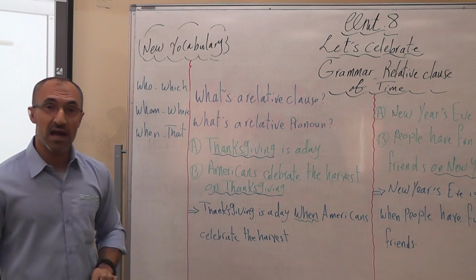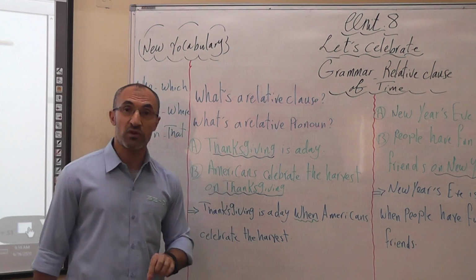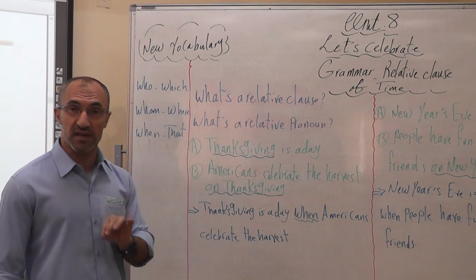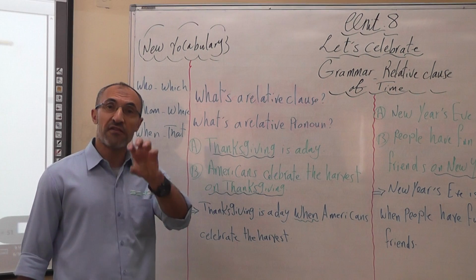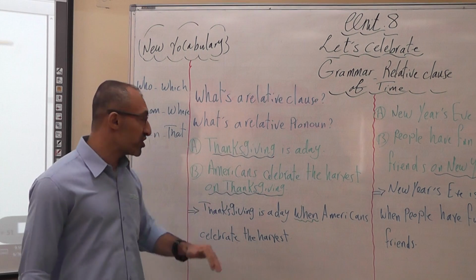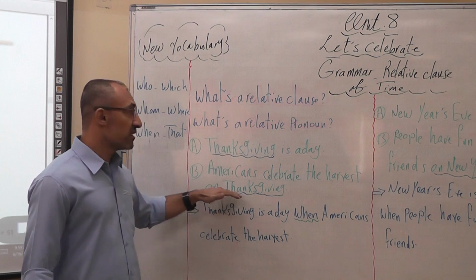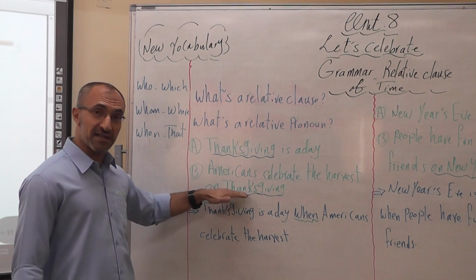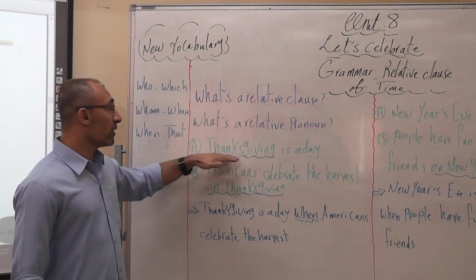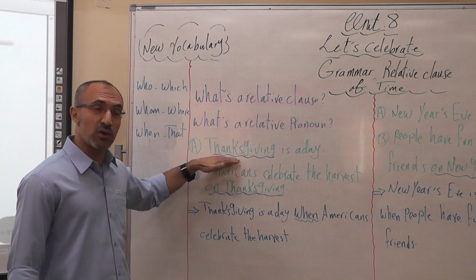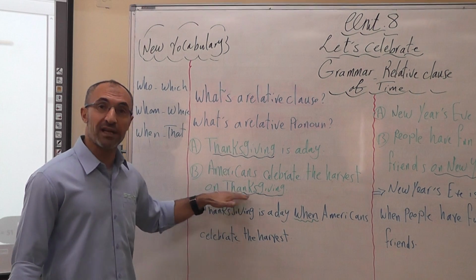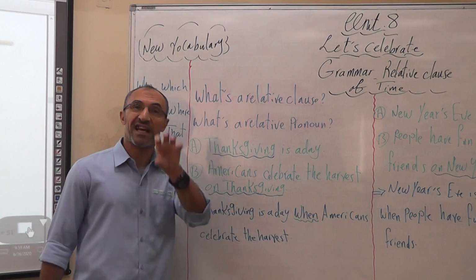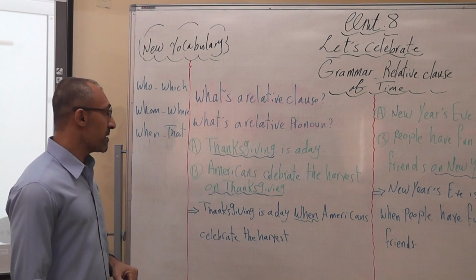If we look at the two parts of our sentence, we will discover something, which is, in the second sentence, we have a repeated word that refers to a time, which is Thanksgiving. So, here we have Thanksgiving, and also the first sentence starts with the same word. So here we have to focus on the repeated word in the second sentence. Okay?